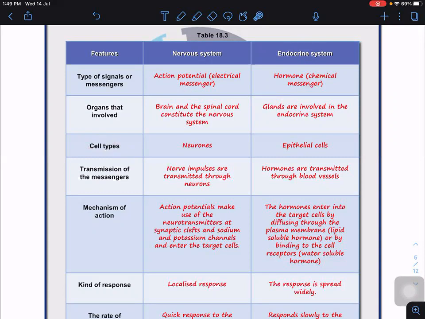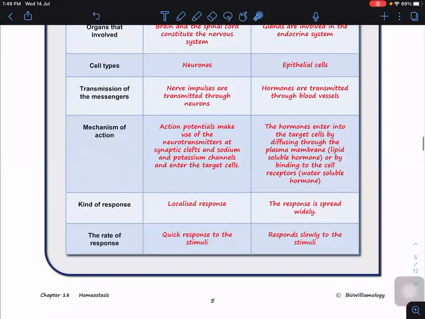In terms of cell types, the nervous system involves neurons. The endocrine system involves epithelial cells. The specialized epithelial cells form the glands that can produce and secrete the hormone. For transmission of the messenger, the nervous system transmits through the neurons. Hormones will be transmitted through the blood vessels.